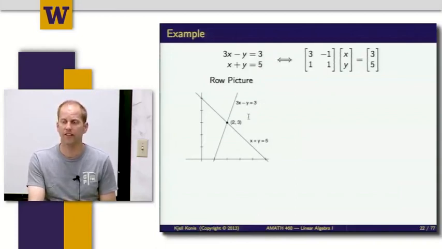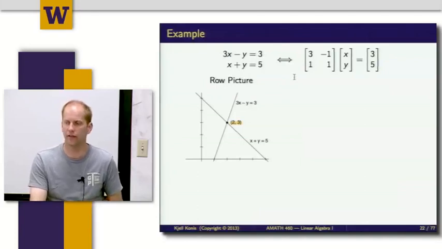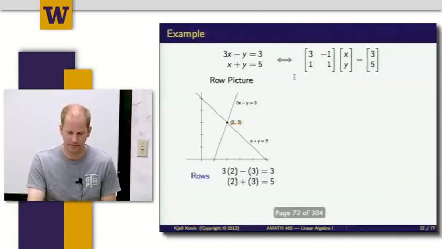So the row picture, this is probably how you want to think about this. Each one of these rows determines a line in the xy plane, and then the answer is just going to be where the 2 lines intersect. So I drew these 2 lines, and they intersected at the point 2, 3. And so you can see if I put in 2, 3 here, I get 6 minus 3 is equal to 3, and 2 plus 3 is equal to 5. So that is actually the solution to the system of equations.